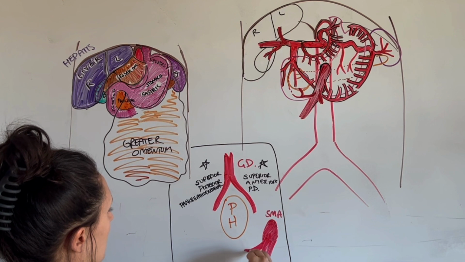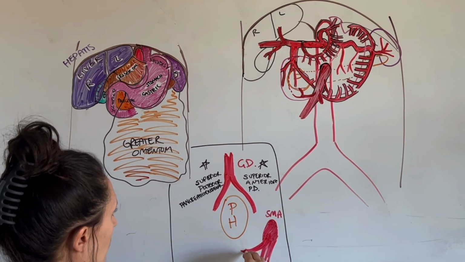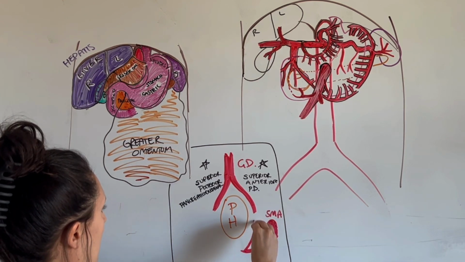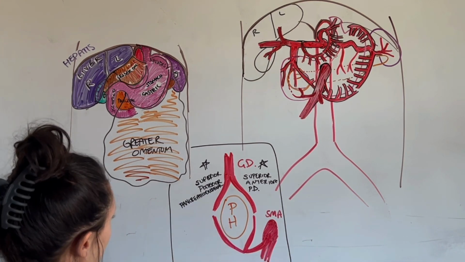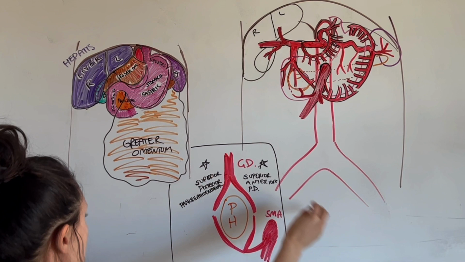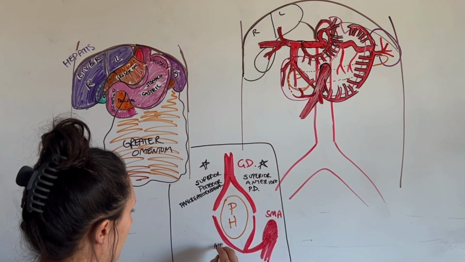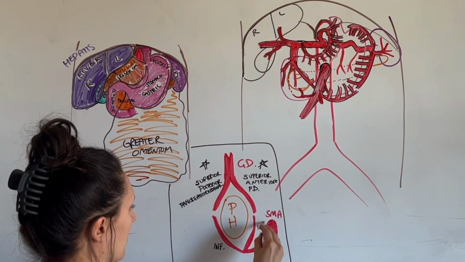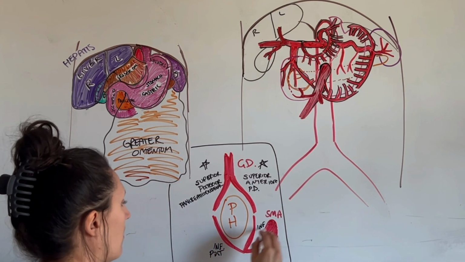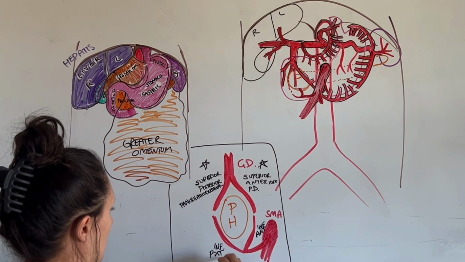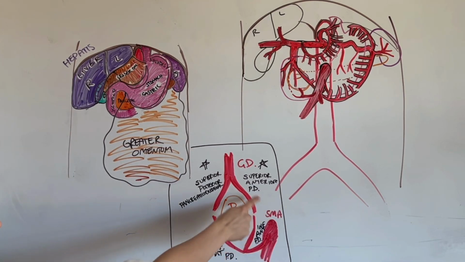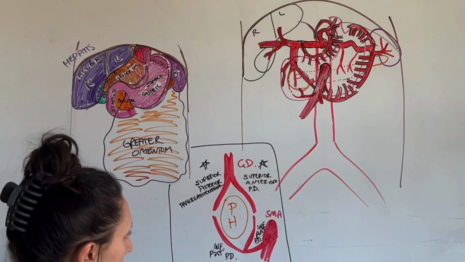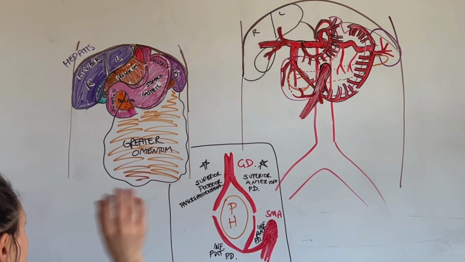That is this inferior pancreaticoduodenal artery that has an anterior and a posterior branch. This creates the anastomosis, so this would be right inferior, inferior, posterior. They all have these little things attached to them, and I'm going to put PD for pancreaticoduodenal because I have no space. They are going to anastomose around the head of the pancreas.